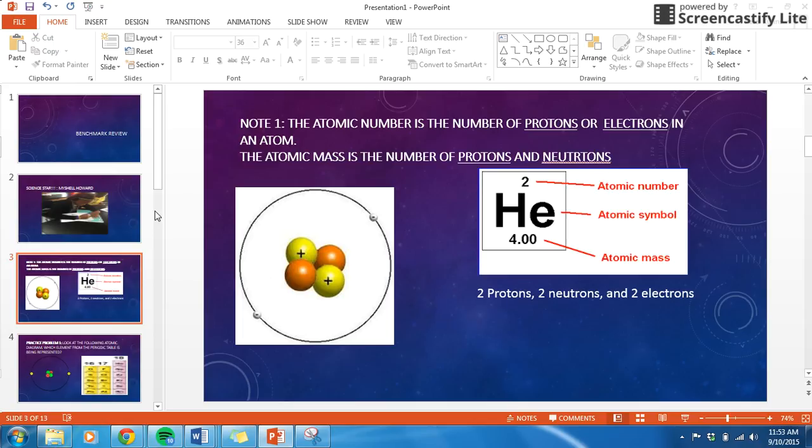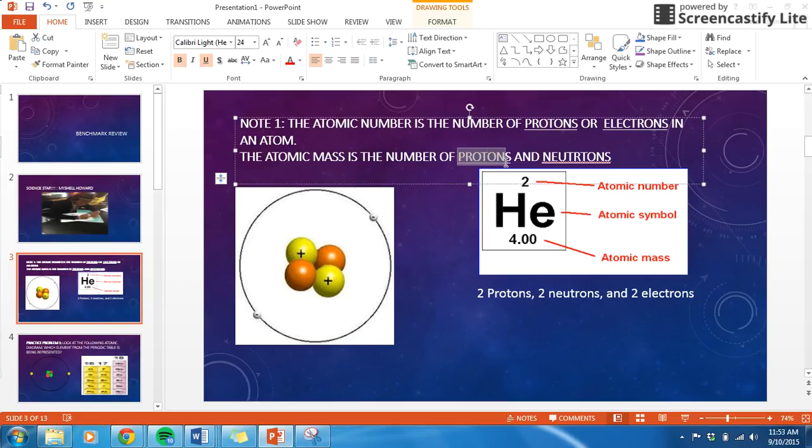Our first note of the day is the atomic number is the number of protons or electrons in an atom. And the atomic mass is the number of protons and neutrons. So when I take a look here at my atom, I know that it has 2 protons, so I'd put here 2 protons.